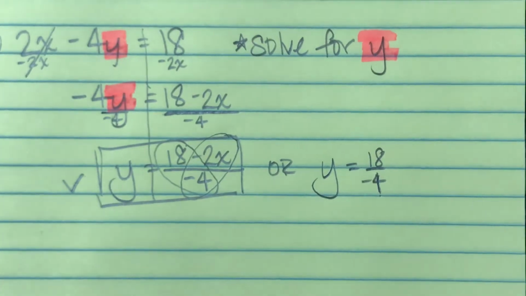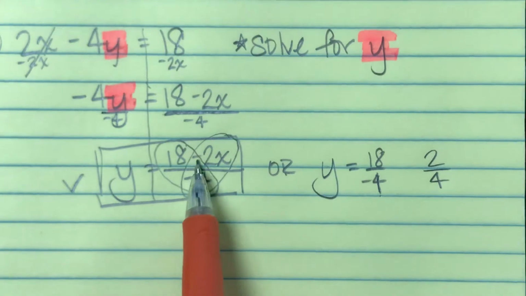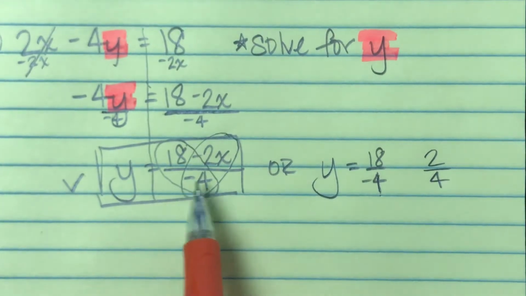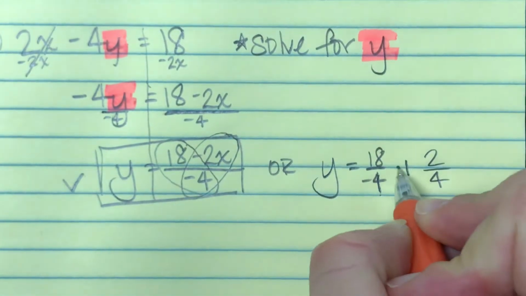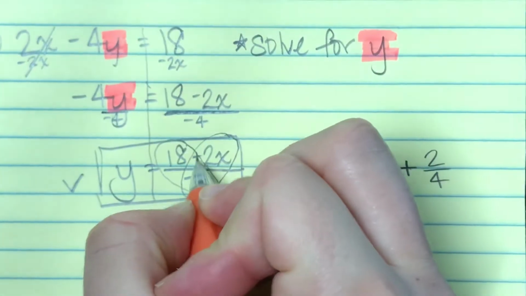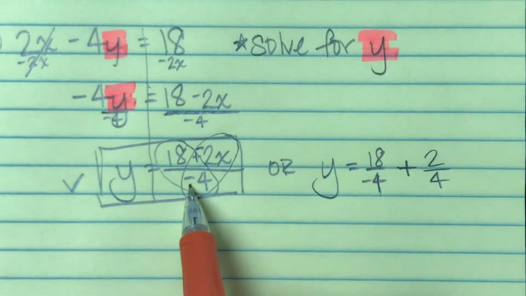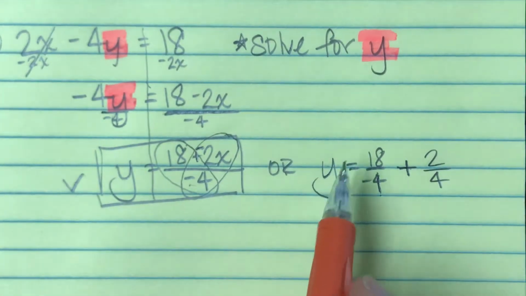Doesn't work out clean, so I'm going to leave it as 2 over 4. But those double negatives, I do know that they go ahead and become a positive. So I'm going to change that to a plus because I had a negative 2. Remember, if it helps you to write this as plus a negative 2, a negative 2 divided by a negative 4 is going to end up being positive.